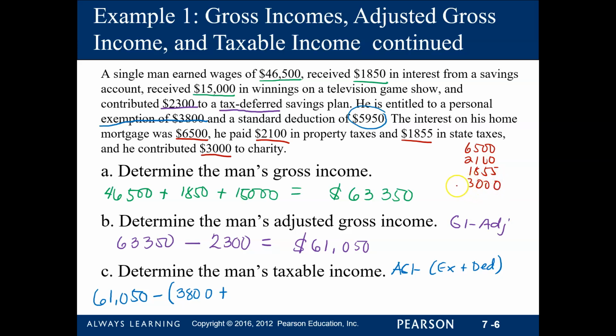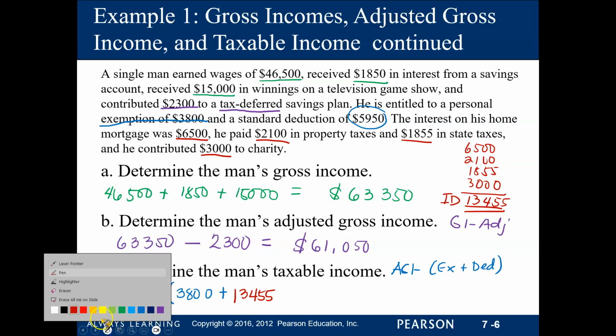Our itemized deduction is going to be a total of 13,455. So between the standard deduction, 5,950, and the itemized deduction, the itemized deduction is higher. And so this is the amount that we will include to compute the taxable income. So this is 13,455.